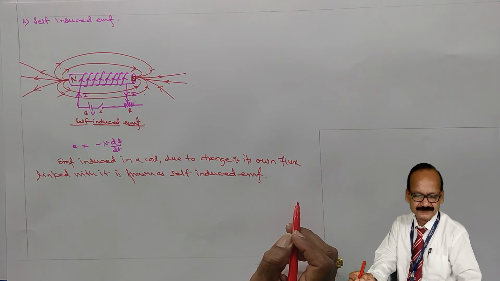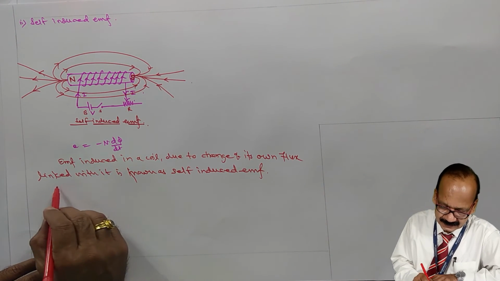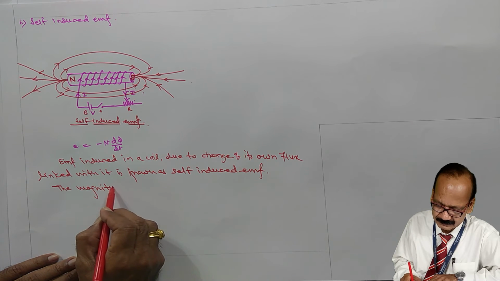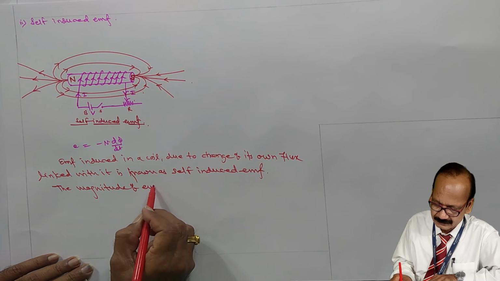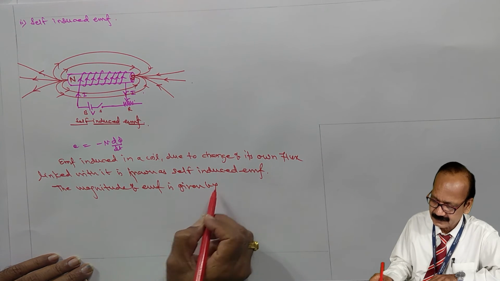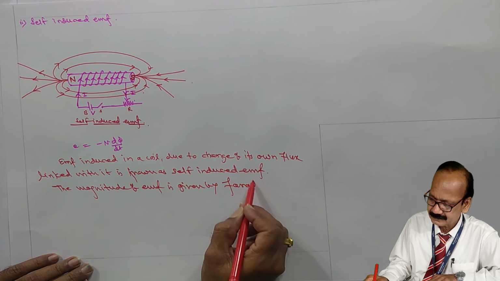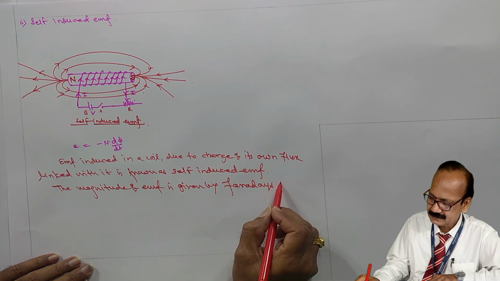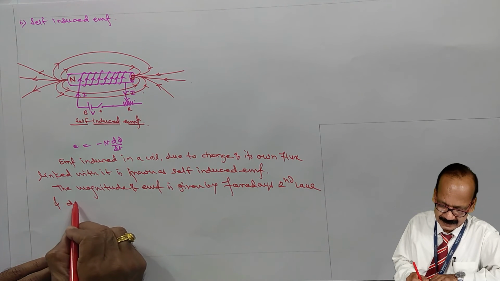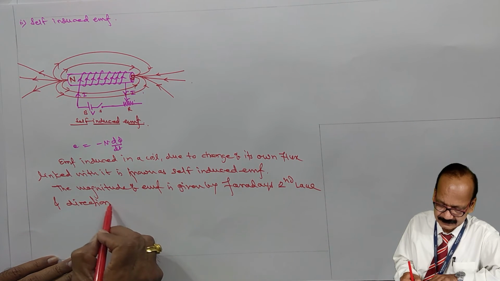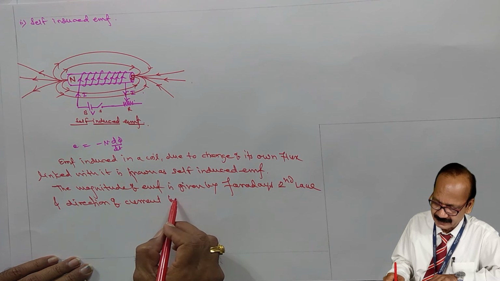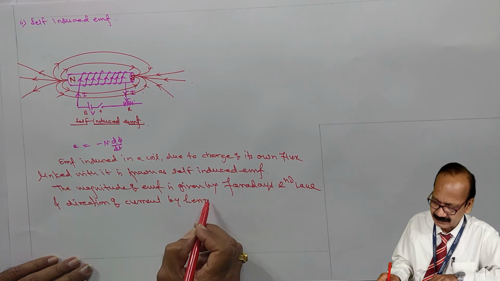The magnitude of EMF is given by Faraday's second law, and direction of current by Lenz's law.